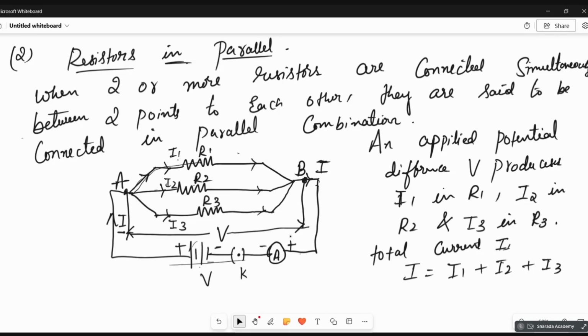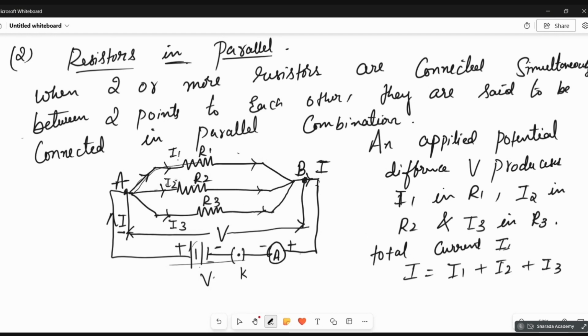Now here, since there is no voltage drop somewhere else, whatever voltage I have applied here, the complete thing will be across all the three. Again, I repeat, since there are three paths, the current will divide. So it will be I1, I2, I3, and the total current I will be equal to the sum of all three currents, I1 plus I2 plus I3.